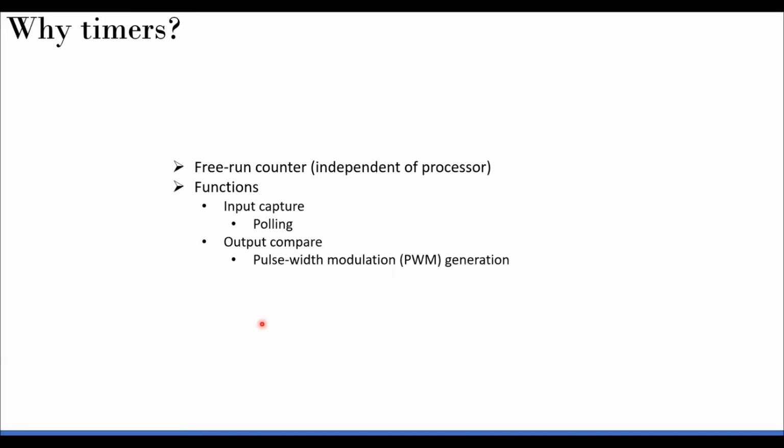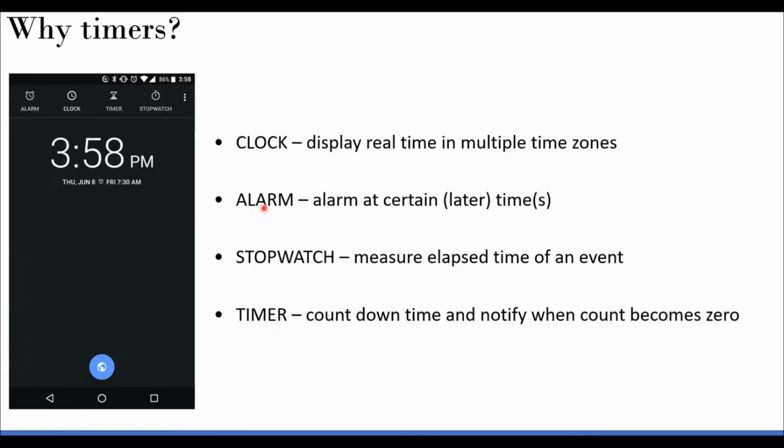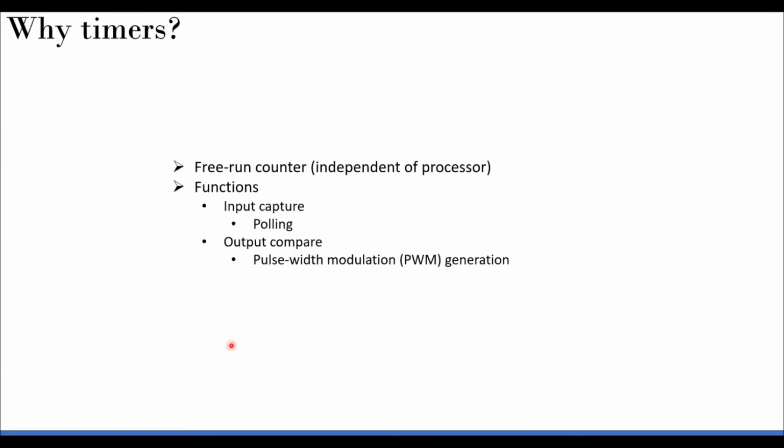Moving on, those were the functional descriptions of timers in a microprocessor system. The technical description of timers, I would say, is a free run counter. This is basically an up counter or a down counter which runs to some value or from some value to 0. There are many purposes for it, obviously.